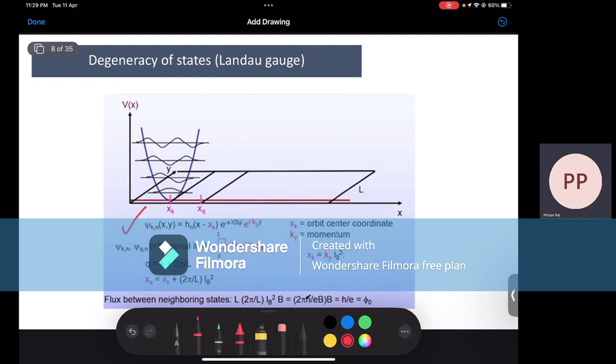Basically you need to visualize where the next nearest orbit center coordinate is whose wave function is going to be orthogonal to this one.